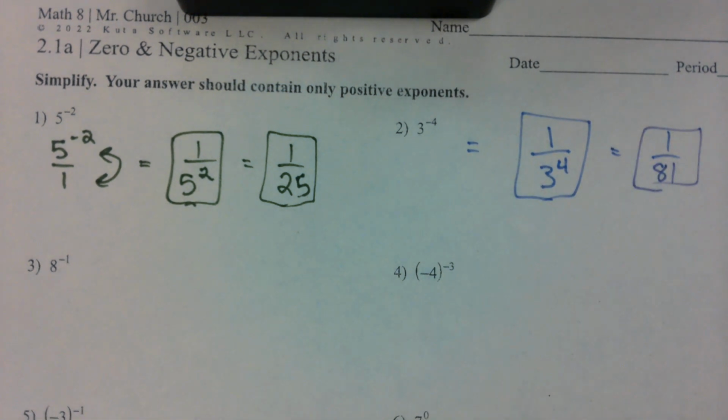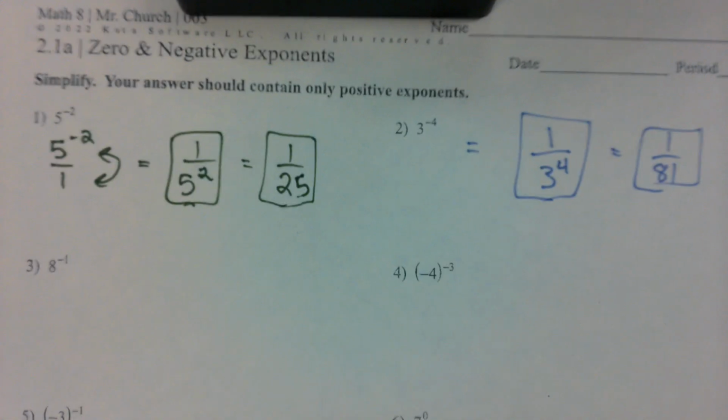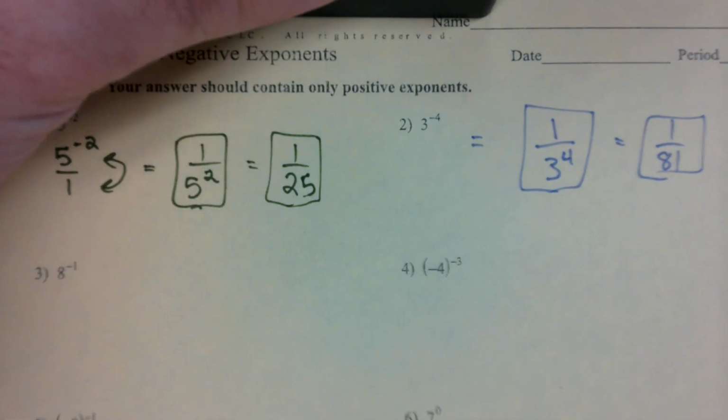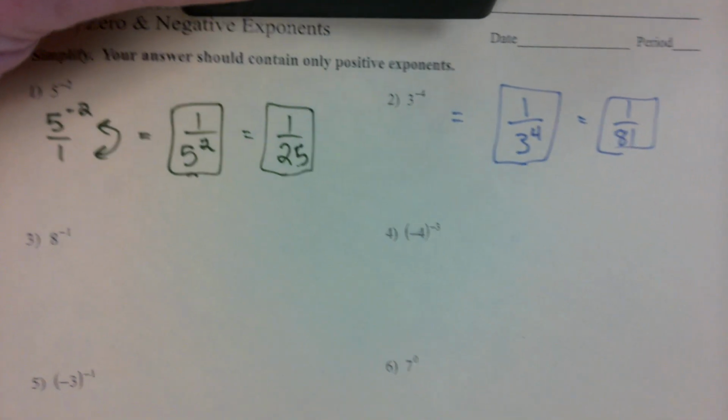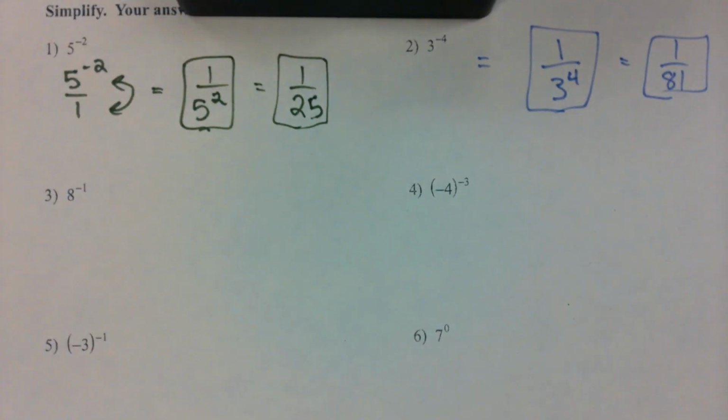Did you say 181 or 81? Oh, good job. 81. That's correct. 3 times 3 is 9. 9 times 3 is 27. 27 times 3, 81.